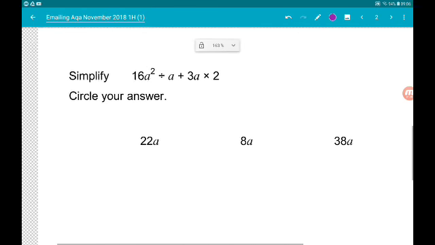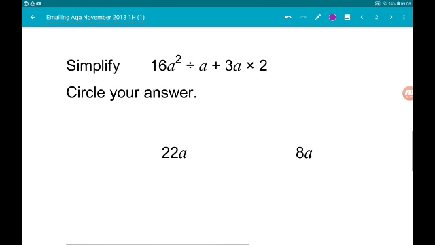Question 3 wants us to simplify 16a squared divided by a, add 3a times 2. Remember BIDMAS, we can't just work left to right.